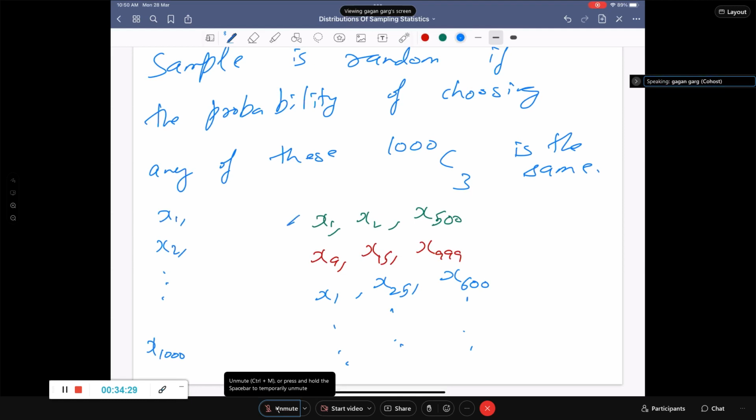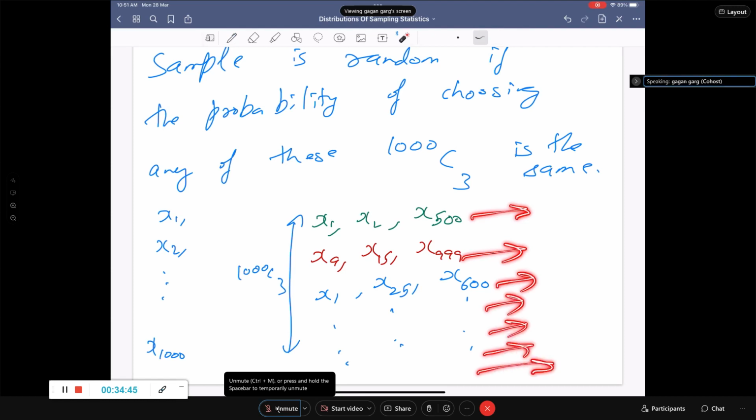There are how many of these? There are 1,000 C3 such samples, 1,000 C3 such possible subsets. So the probability of choosing this or this or this or this, it is the same. Then we say that the sample is random.